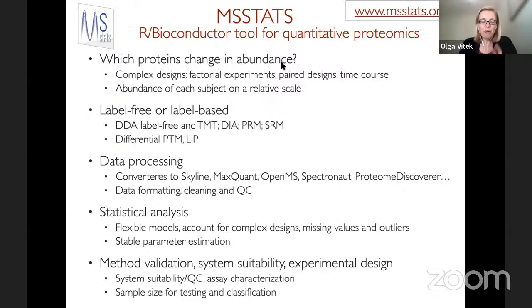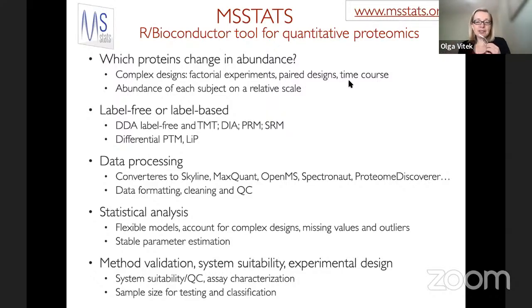At the very core of the question that MSstats is answering is which proteins change in abundance. What is important is that it focuses on various levels of complexity, in particular complex designs such as factorial experiments, paired design, time course, so designs with more repeated measurements, so anything which is more complex than comparing two conditions. However, you can of course compare two conditions as well with MSstats.